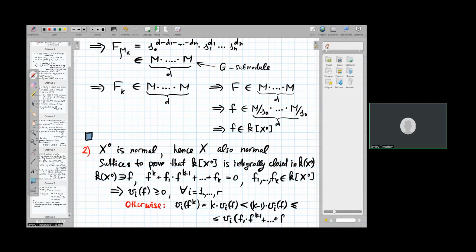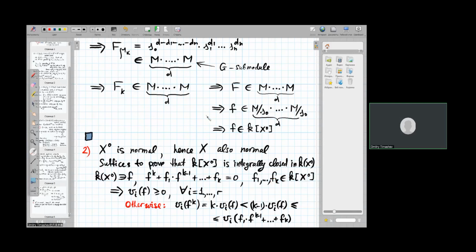plus fk. Just because the value of a sum of functions is greater or equal than the minimum of the values of the summands, but the values of vi at the factors f1, fk are non-negative because they are in this coordinate algebra.